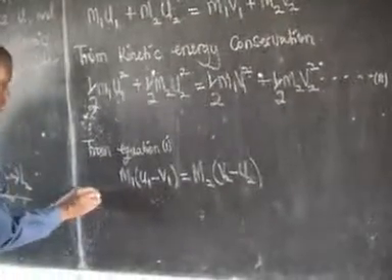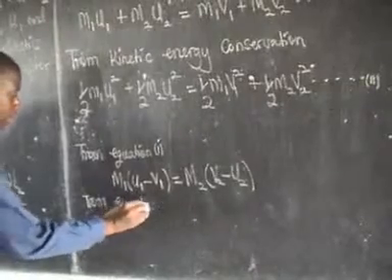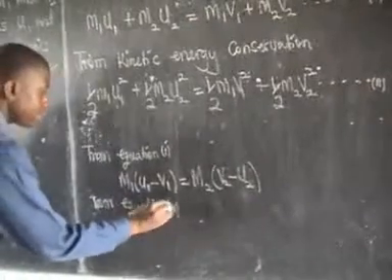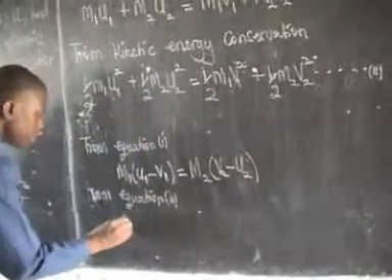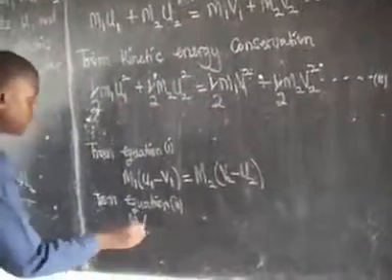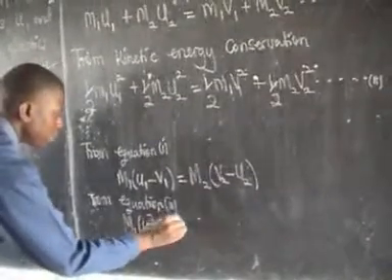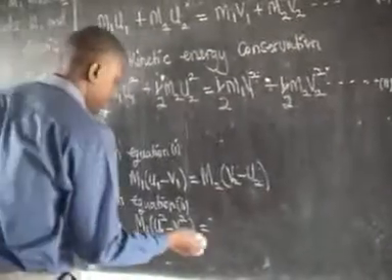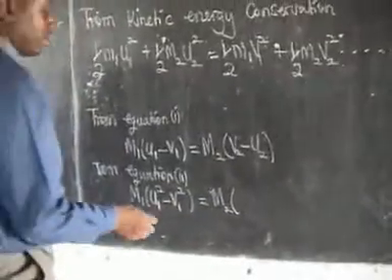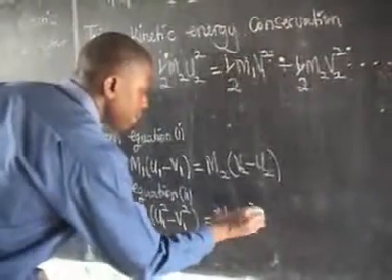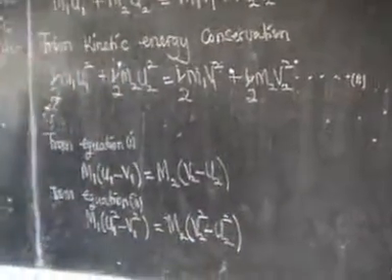From equation 2, the halves will go. So we shall have M1 bracket U1 squared minus V1 squared is equal to M2 bracket V2 squared minus U2 squared.